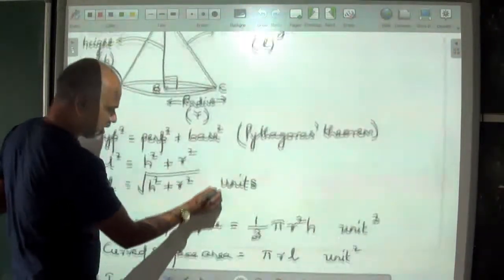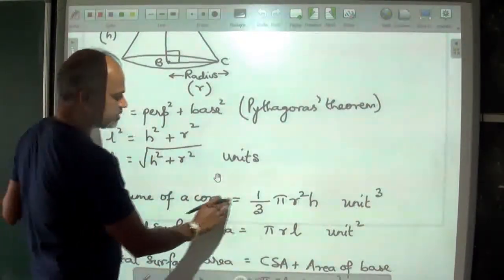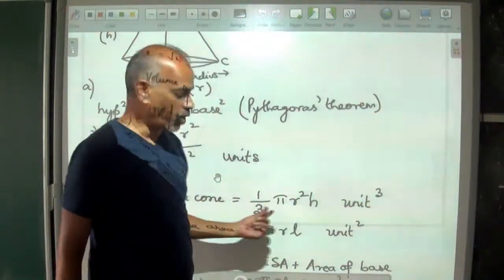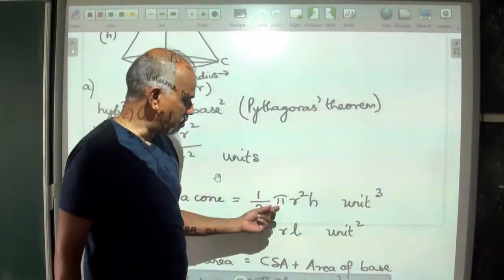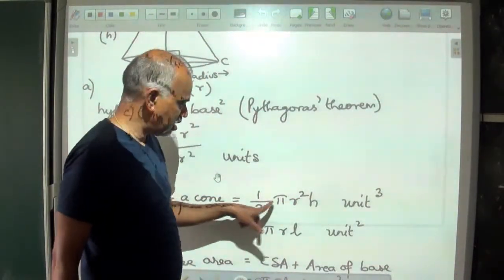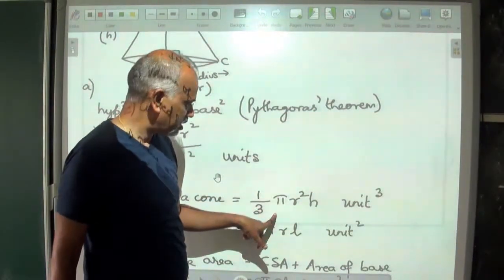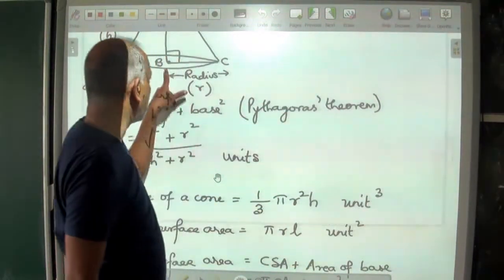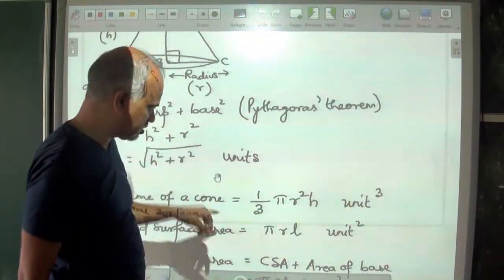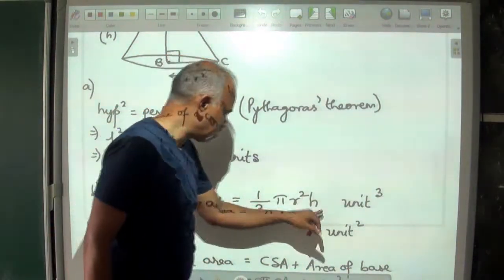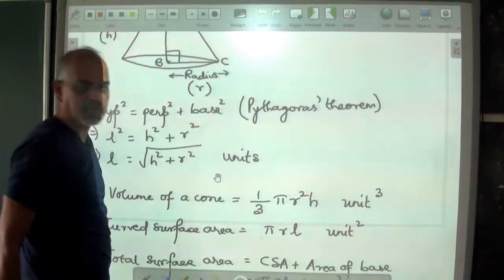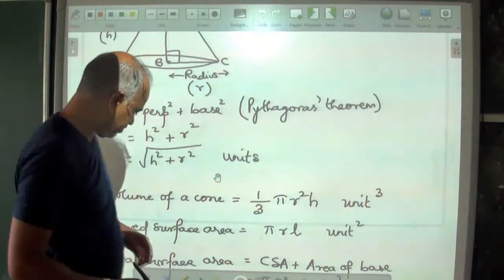Volume of a cone is given as, previously volume of cylinder was only pi r squared h, but volume of cone is 1/3 pi r squared h. 1 by 3 is a constant, pi also is a constant, 22 by 7. r is the radius of the base of the cone and h is the vertical height of the cone. Since you are finding volume, the unit is unit cube. It can be centimeter cube or meter cube.